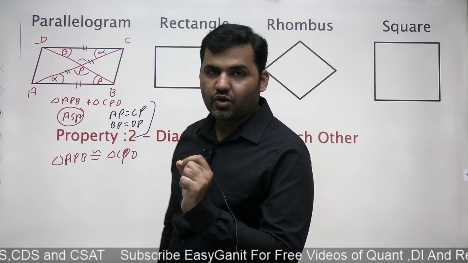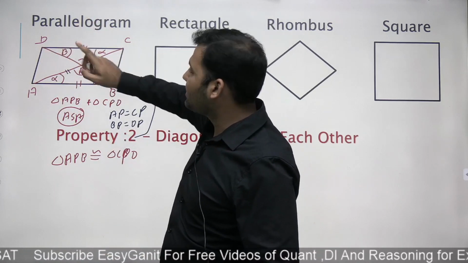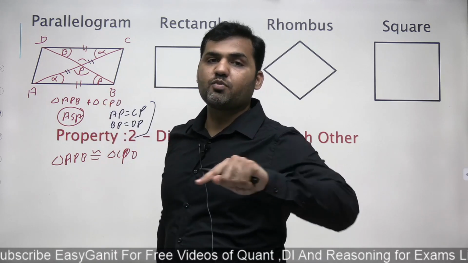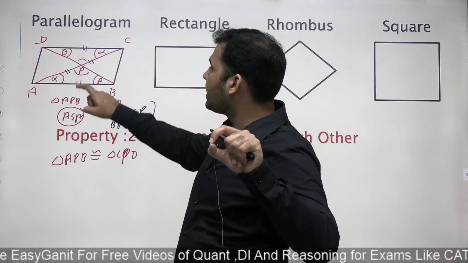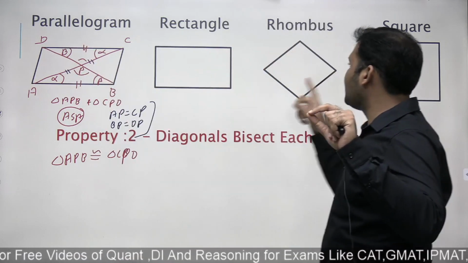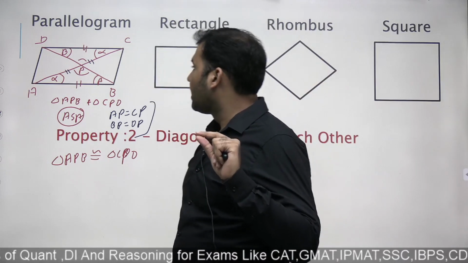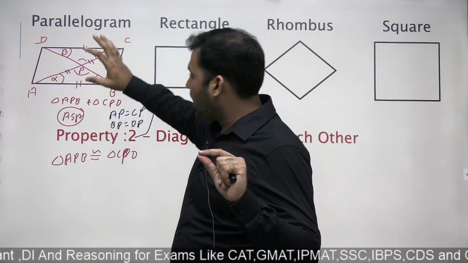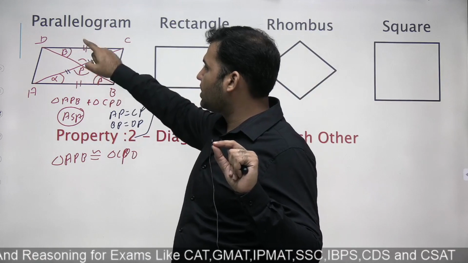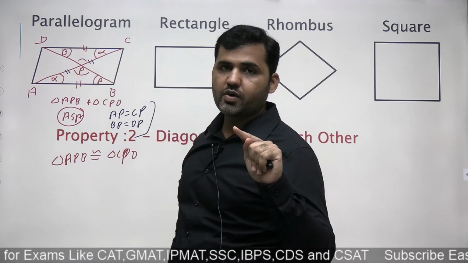Now all I want you to observe is that while I was proving that two triangles are congruent, तो मैंने क्या प्रॉपर्टी यूज किया था? मैंने ये प्रॉपर्टी यूज किया कि अपोजिट साइड पैरेलल हैं, इसलिए एंगल्स इक्वल हैं. तो ये सभी फिगर्स में अपोजिट साइड्स पैरेलल एंड इक्वल होती हैं. Yes. And on this basic property that opposite sides are parallel and equal, I was able to prove कि ये triangle इस triangle के congruent होगा.